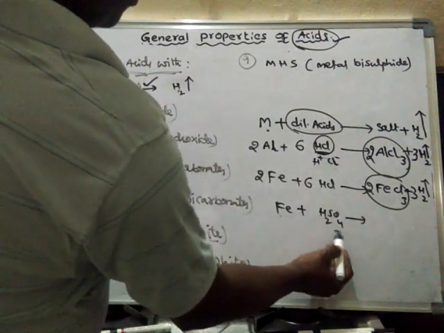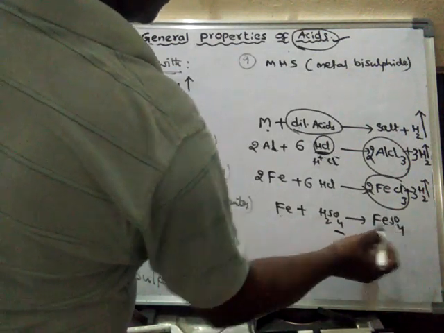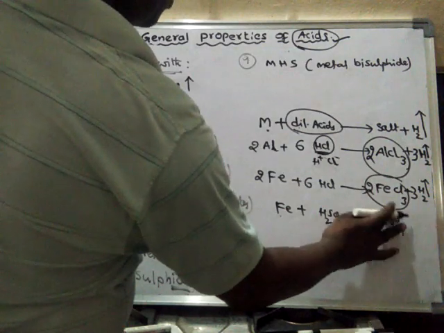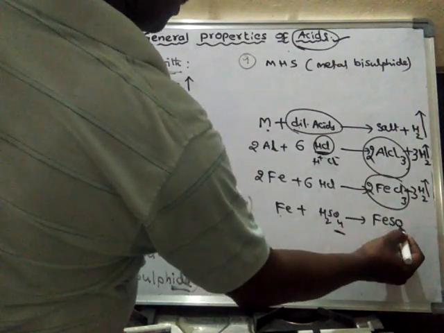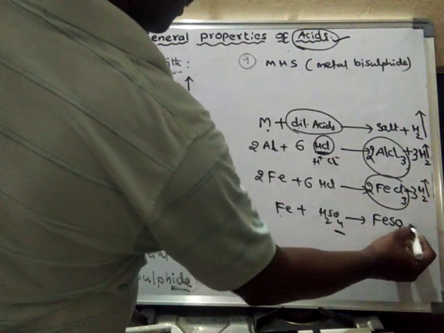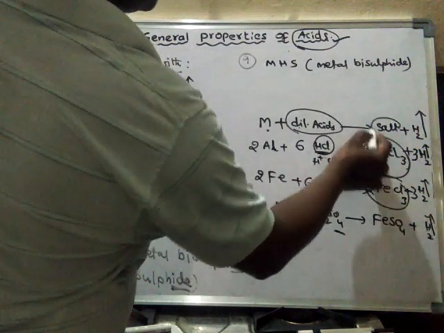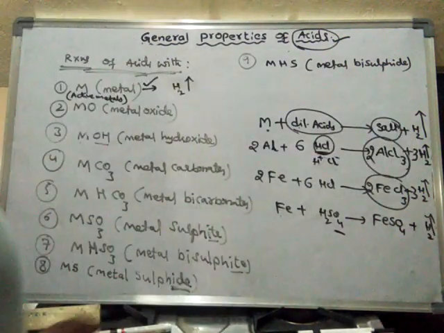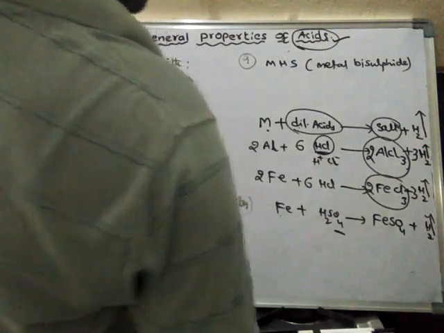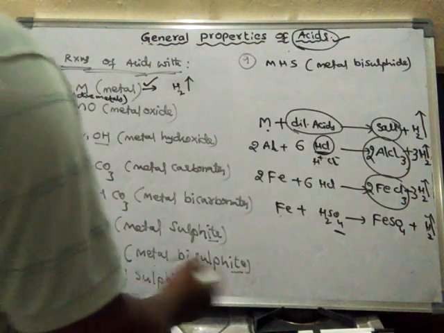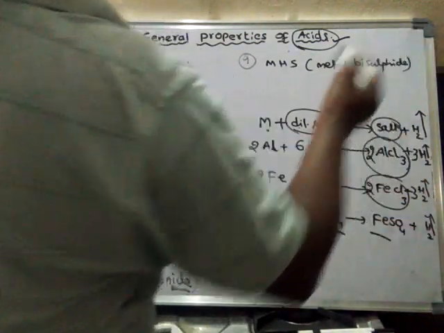Now iron with sulfate, FeSO4, ferrous sulfate, is another salt, plus hydrogen gas is liberated. That means a salt is formed and hydrogen gas is also liberated. So all these are salts and this is hydrogen gas.